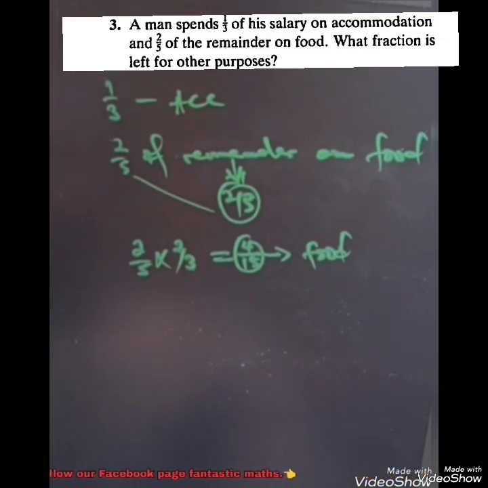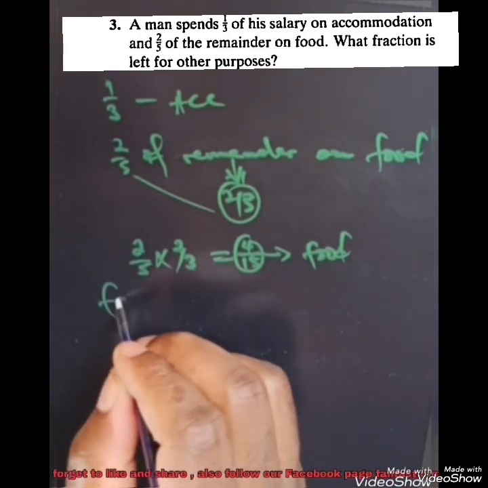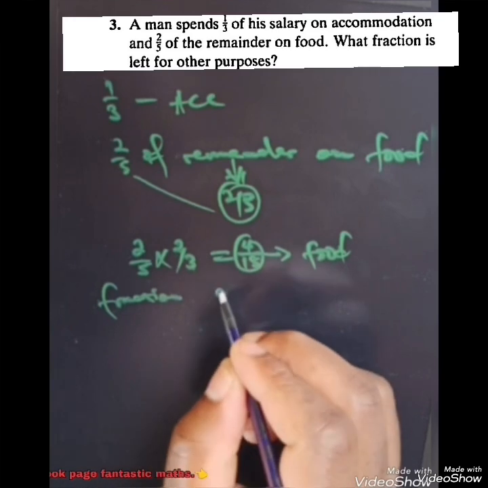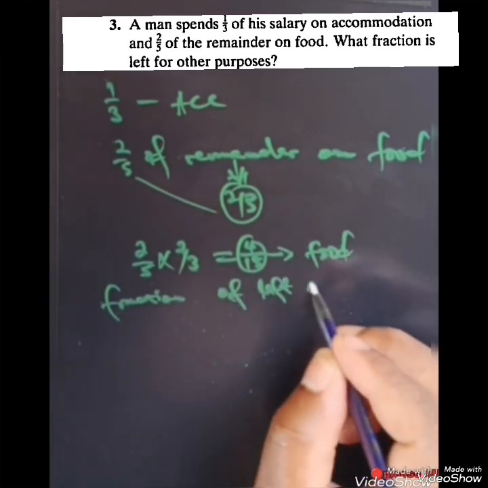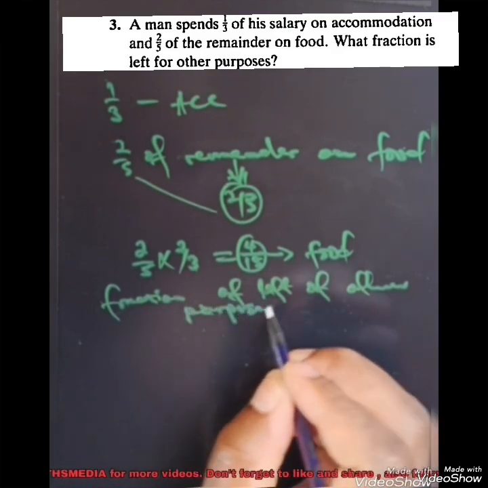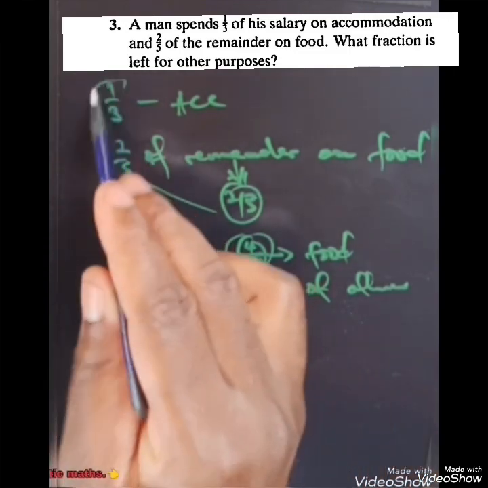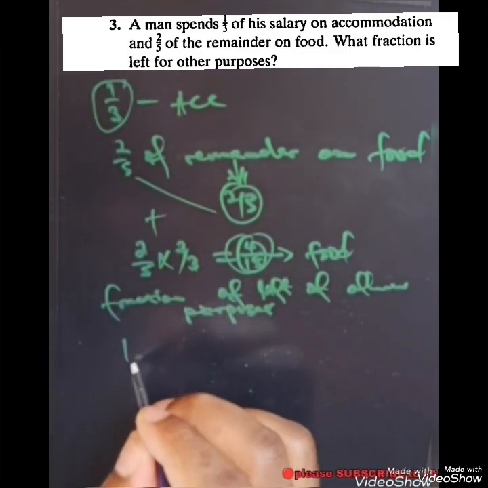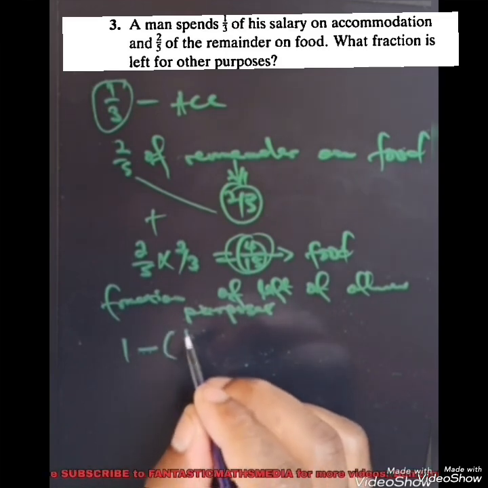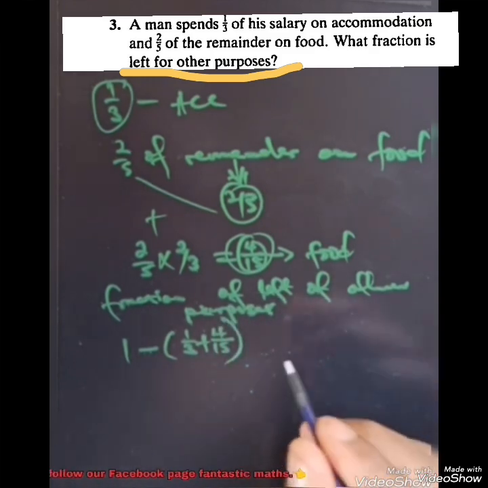But the question asks what fraction is left for other purposes, so we add the accommodation fraction and the food fraction, then subtract it from 1. So 1 minus open bracket 1/3 plus 4 over 15 close bracket.